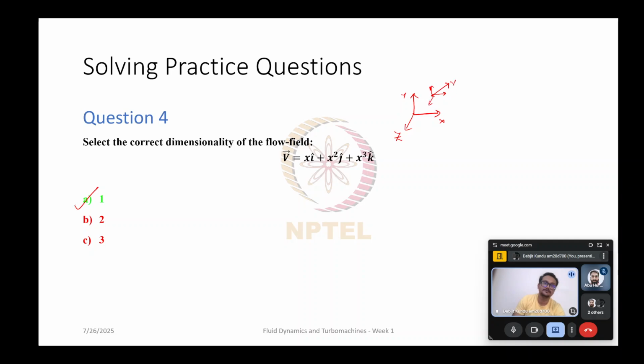So v vector would have components vx, vy, vz, but they do not change with y or z. They only change with x. So they are only functions of x. I can write this as vx, a function of x, i cap, plus vy, also only a function of x, j cap, and vz, which is also only a function of x, k cap.